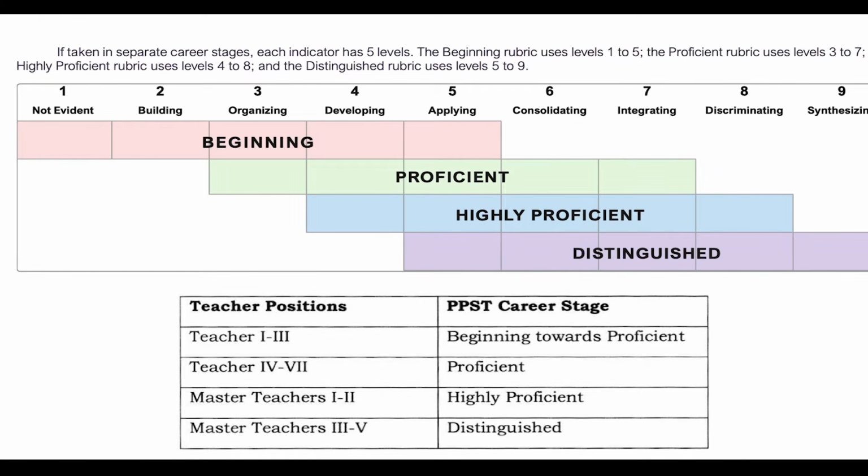But if you're a master teacher, your lowest level is 4, developing. In short, every teacher in different career stages is rated differently. If you are a master teacher, you will be rated at a higher standard as compared with Teachers 1 to 3.